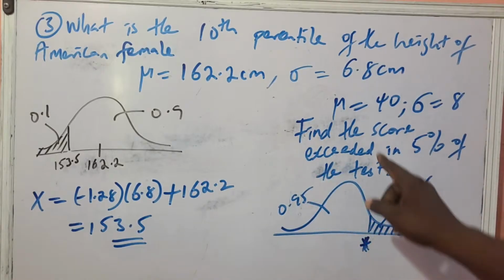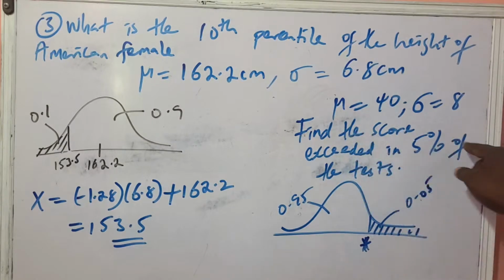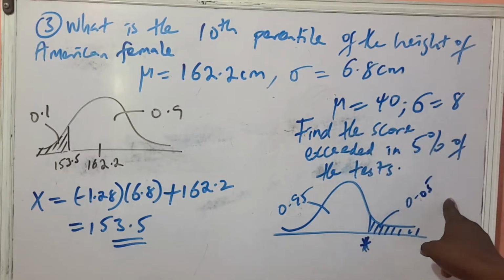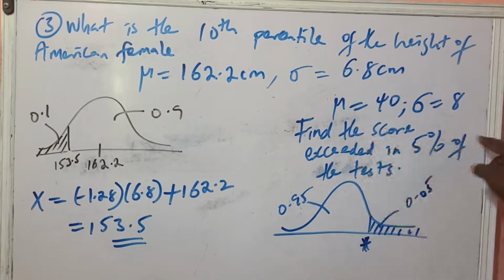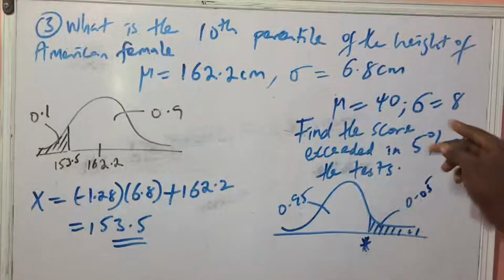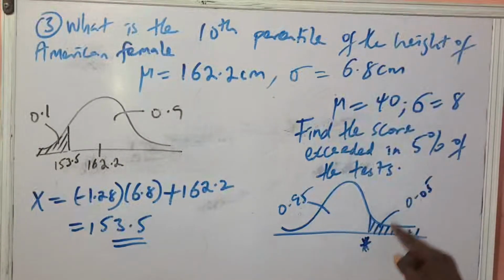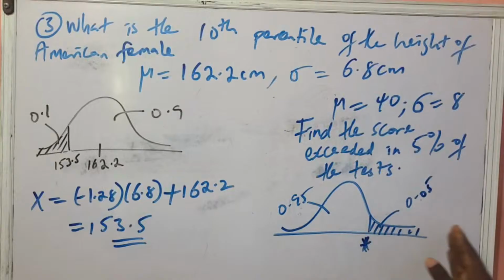So if you say find the score exceeded in 5% of the test, that means 5% of people had more than that score. That means this is how the diagram is going to look.